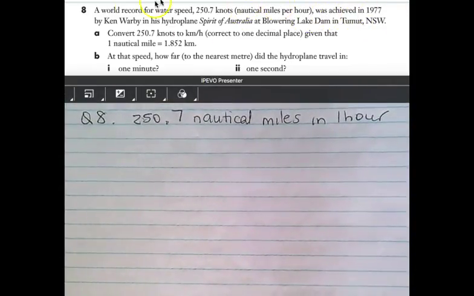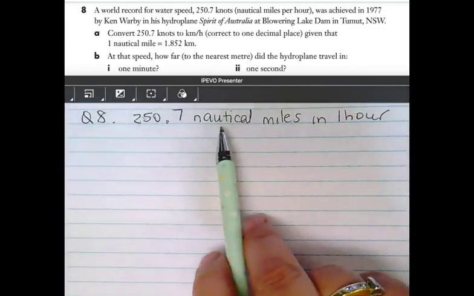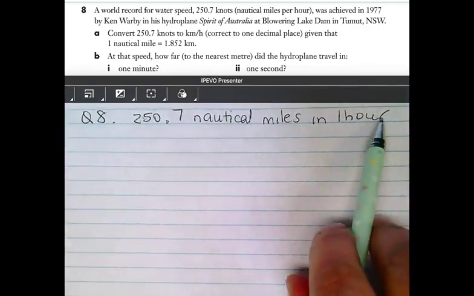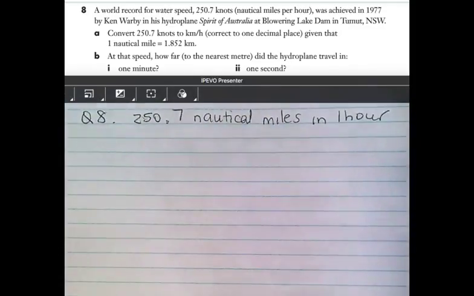So this was achieved in 1977. Okay, it says now to convert 250.7 knots or nautical miles per hour to kilometres per hour. So the hours are going to stay the same, but the nautical miles need to be converted into kilometres.